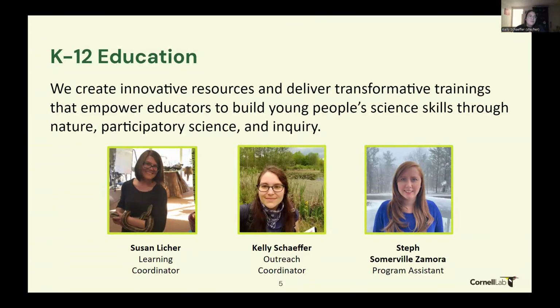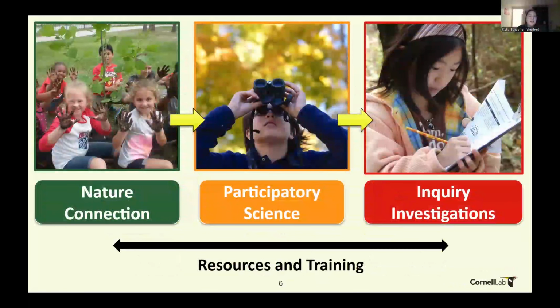So we create innovative resources and deliver transformative trainings that empower educators to build young people's science skills through nature, participatory science, and inquiry. And today we're going to focus a lot on that nature piece and on building youth's nature connection. All of the resources and trainings that we provide really fall somewhere along these three pillars: nature connection, participatory science, and inquiry investigations.